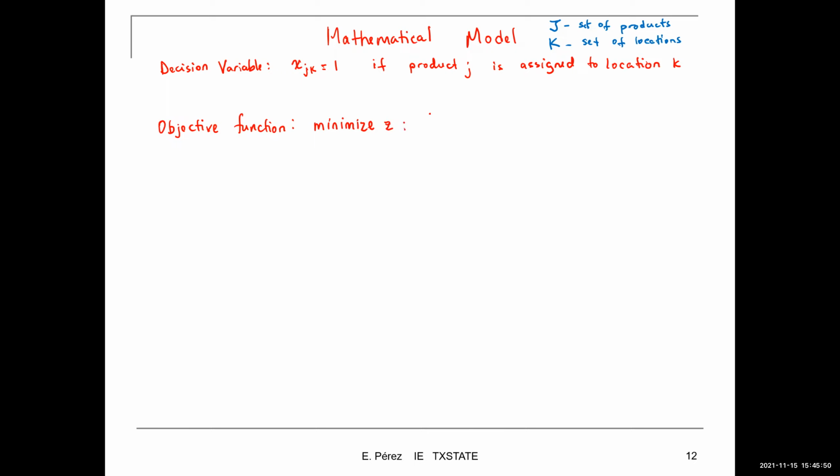z, which is the summation from j equals 1 to n, which is the number of products, of this ratio Tj over Sj, times the summation for the locations k equals 1 up to q of this expression, summation of i equals 1 up to m of those frequencies pi times those distances from i to k.